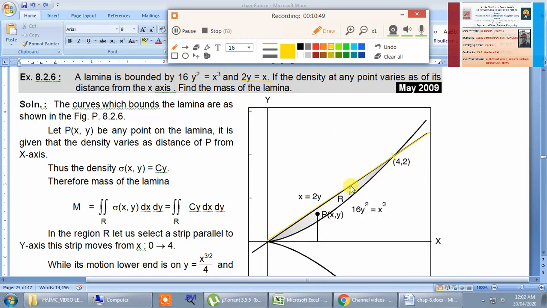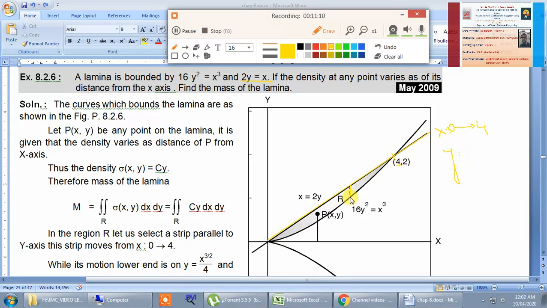Then we take a strip parallel to y-axis. If we take a strip parallel to y-axis, it moves from x equal to 0 to x equal to 4. So limit of x varies from 0 to 4. Now once we got limit of x, limit of y is remaining. For limit of y, look at the lower end.